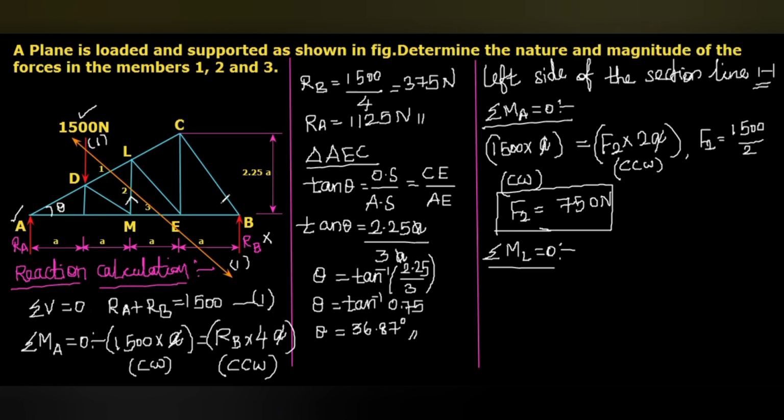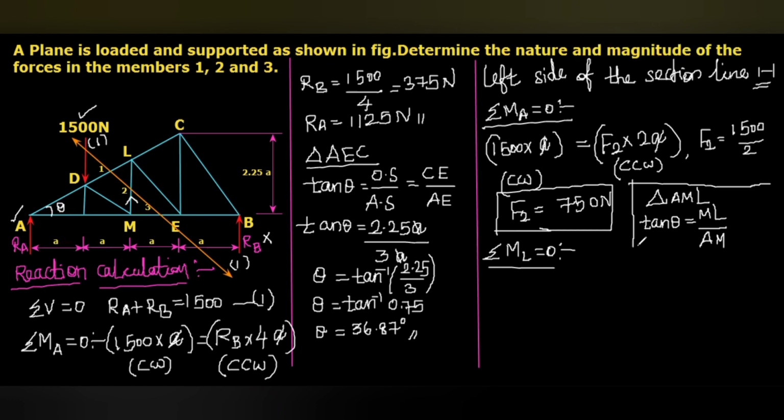Here I'm going to consider the right angle triangle AML. Here we need the value of the opposite side LM, and we know the value of the horizontal side and the angle. So again, tan theta equals opposite side ML by adjacent side AM.